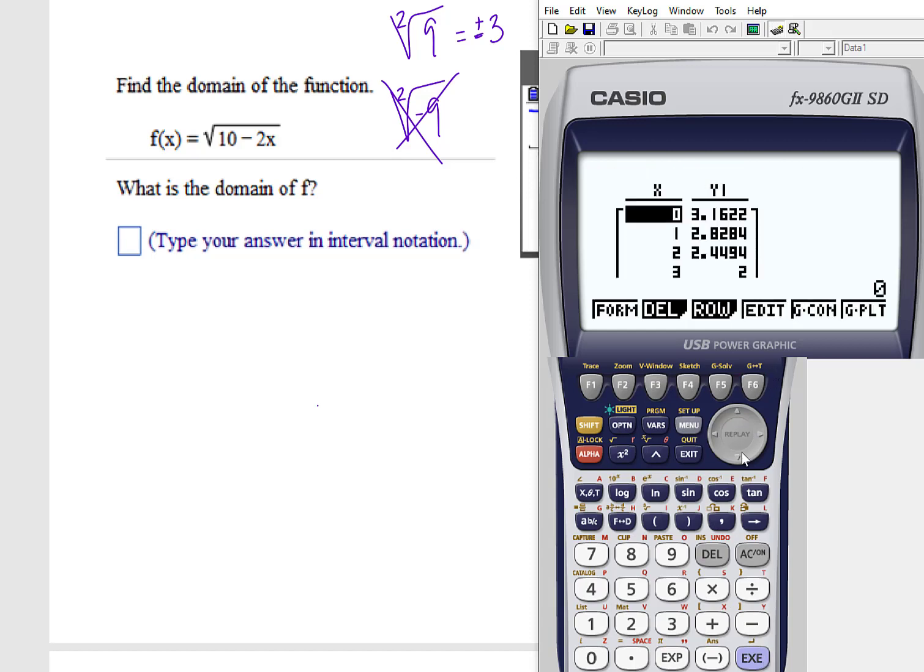Okay, so as we can see, I can have an x of 0, 1, 2, 3, 4, 5, but watch, 6, 7, 8, 9, 10. Sure enough, 5 is okay, but after I pass 5, I start getting errors. Why? Well, look at that.